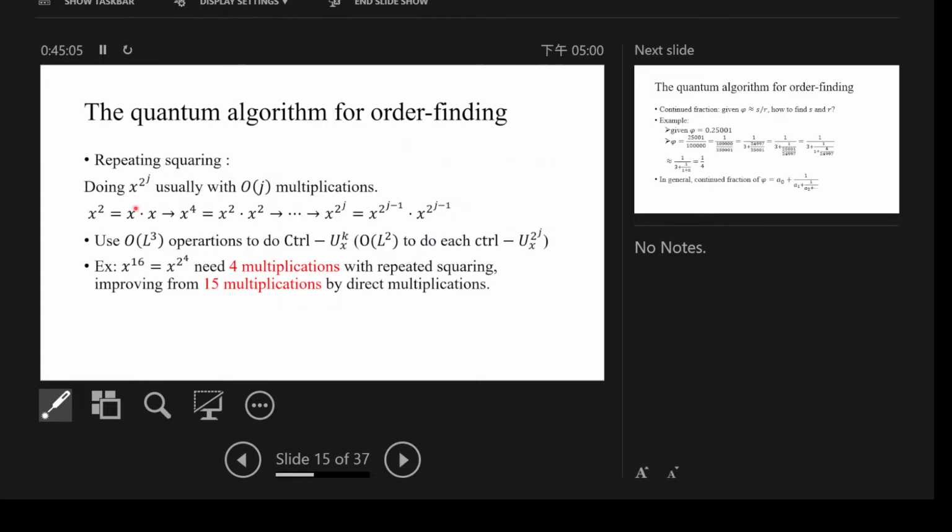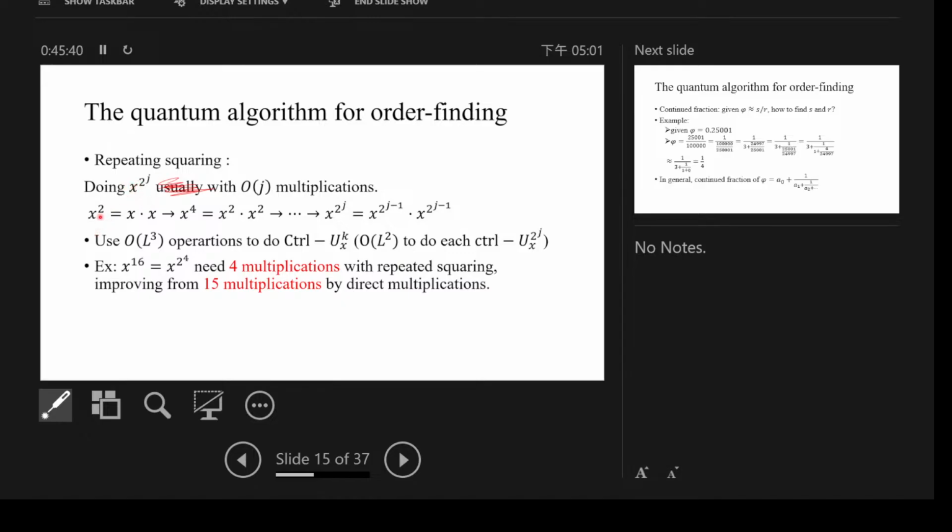If you want to calculate x to the 2 to the j, you can do this with only O(j) multiplications. So what you do is you don't keep multiplying x, you keep squaring your number.